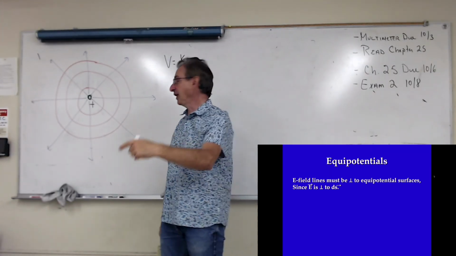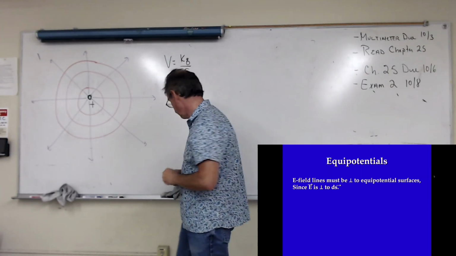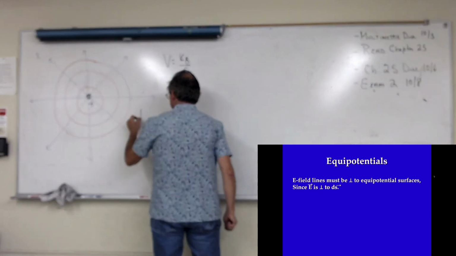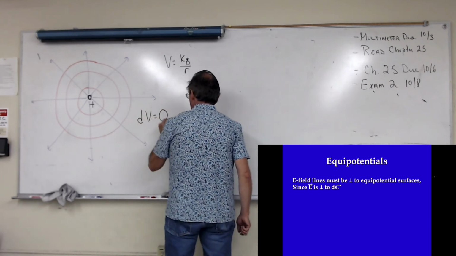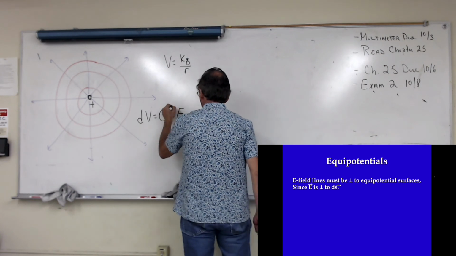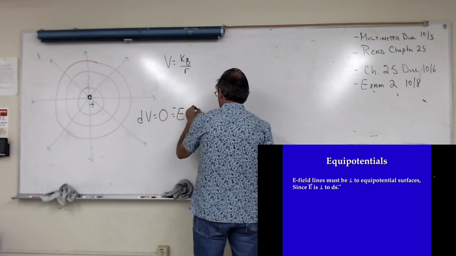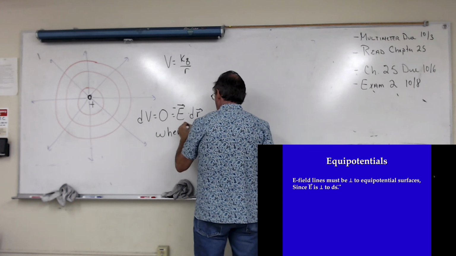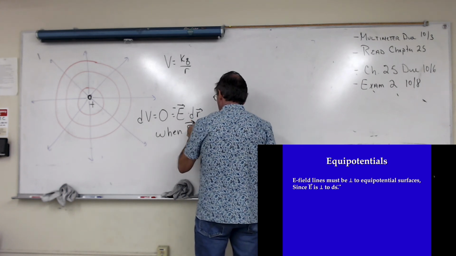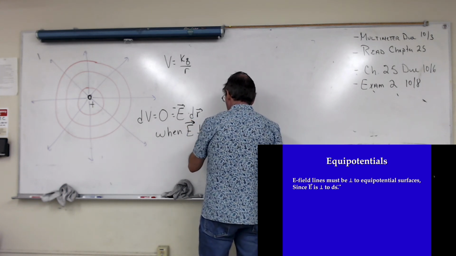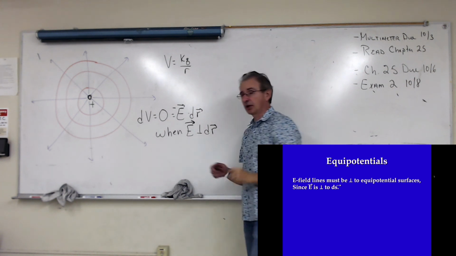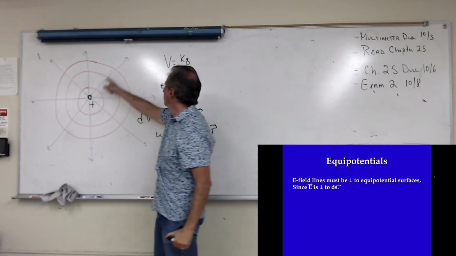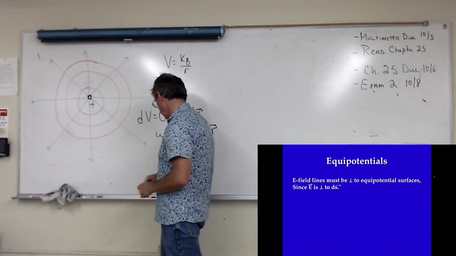And the electric field is perpendicular to them, because we said this happens when E is perpendicular to the displacement. The electric fields are perpendicular to the equipotential surfaces.